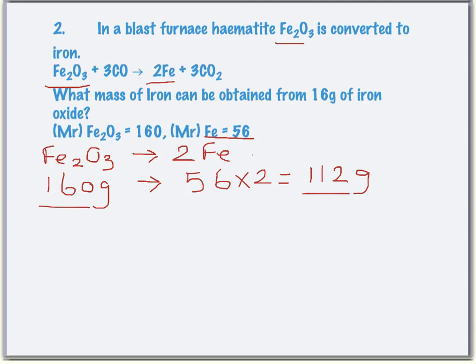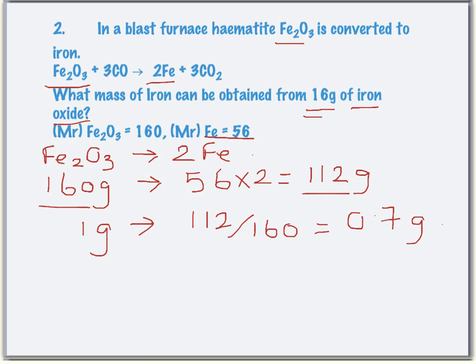So we need to know what mass of iron can be obtained from 16 grams of the iron oxide. So first of all, we need to understand how much we will get if we had 1 gram. So that will be 112 over 160, which will give us 0.7 grams. We have 16 grams of the iron oxide hematite, so 16 grams will be the same as 16 times 0.7.